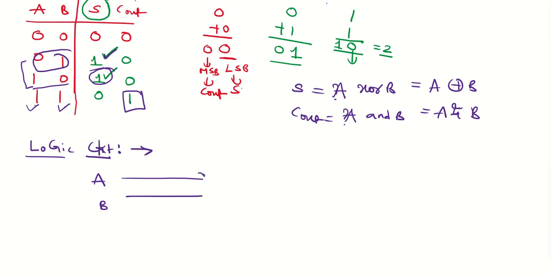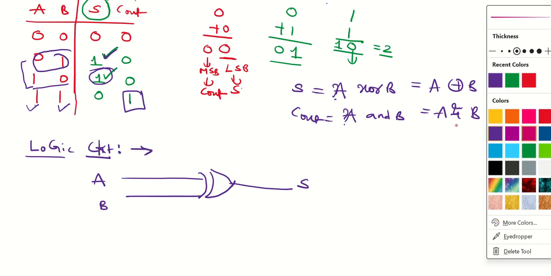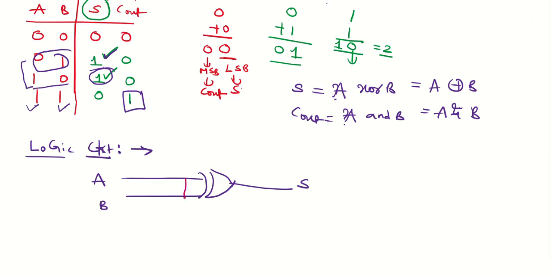One is the XOR gate, this gives the sum, and the remaining is given to the AND gate. This produces the output C out.